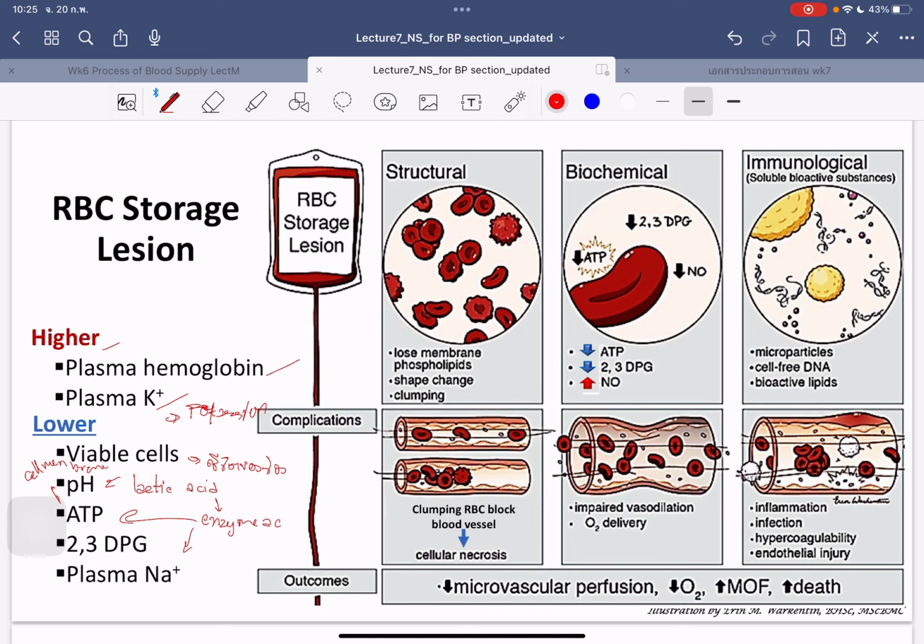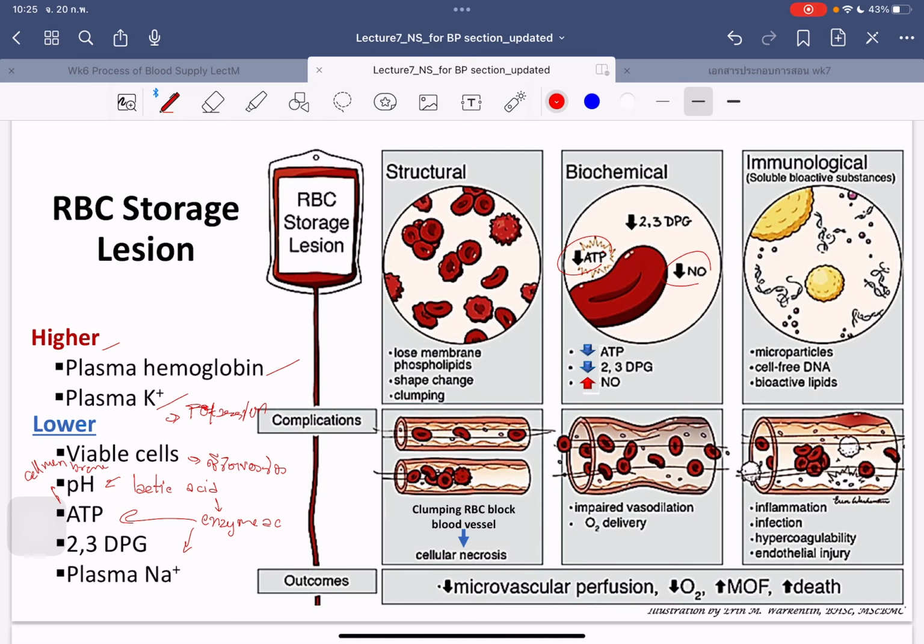The second one is about biochemical change. ATP and 2,3-DPG decrease, but why does nitric oxide increase? Where is the nitric oxide from? I never explained it before, but in your idea, where does the nitric oxide come from? Oxidative stress.